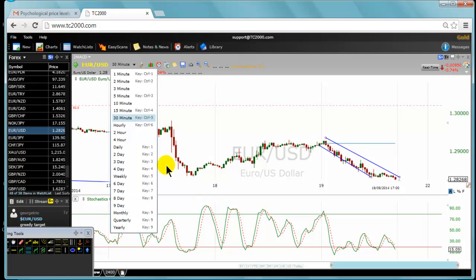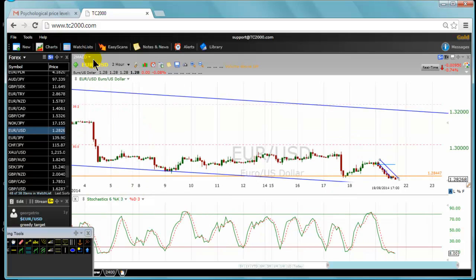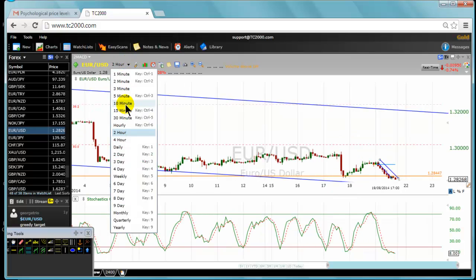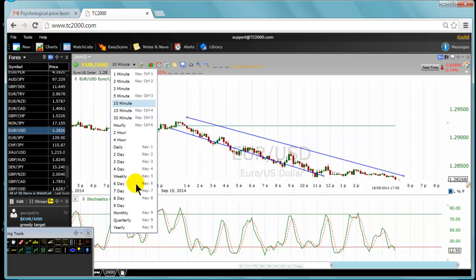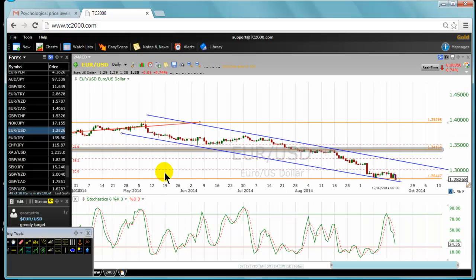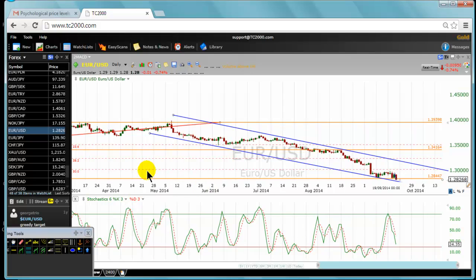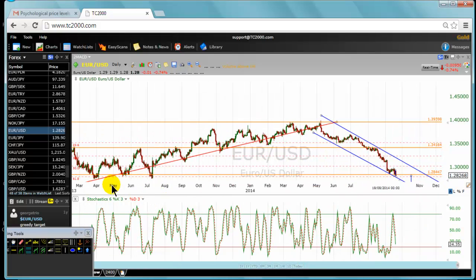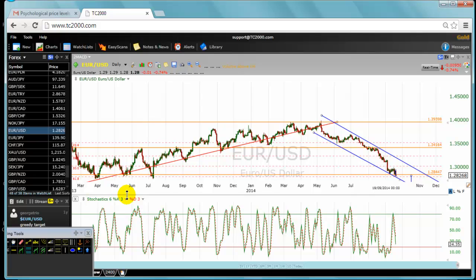All right, it makes sense. We can use market geometry on a 2-hour chart, on a 10-minute chart, on the daily chart, to make excellent trading decisions. This is how we can combine Fibonacci retracement and market geometry.